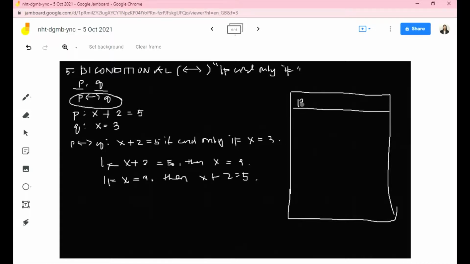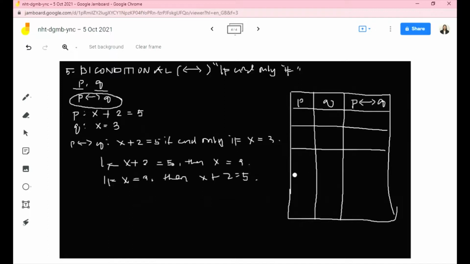So we have propositional variable P, propositional variable Q, and we also have the biconditional statement P if and only if Q. Now there are 2 variables involved, so we'll have 4 rows. 1, 2, 3, and 4. The same pattern, true, true, false, false for the first column, followed by true, false, true, false.